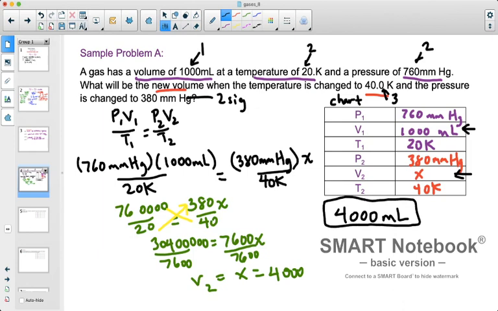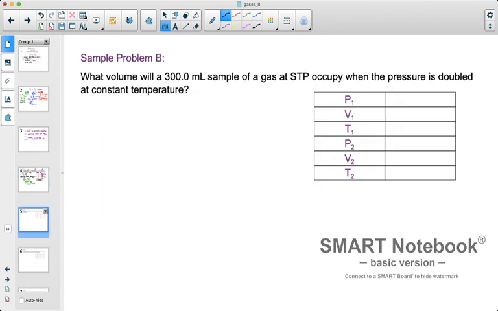All right, so this is using the combined gas law when all 3 values are given. But I want to show you what happens when we change it a little. And the question is simple when they start to talk about something remains constant. So sample problem B. In sample problem B, it says what volume will a 300 ml sample of gas at STP, and this is a trick.